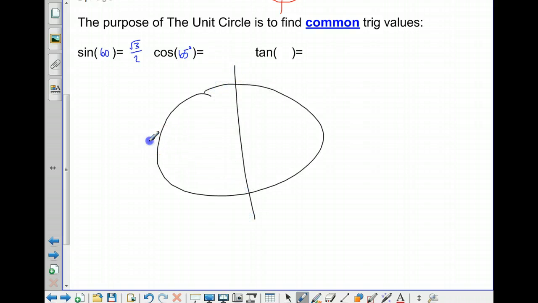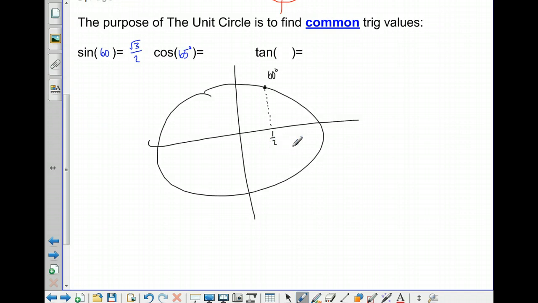So let's look at this unit circle. Let's talk about the closest angle. What's the closest angle? 60. I know 60. I know information about 60 degrees. So if 60 degrees is here, then I know that the x value here is 1/2.